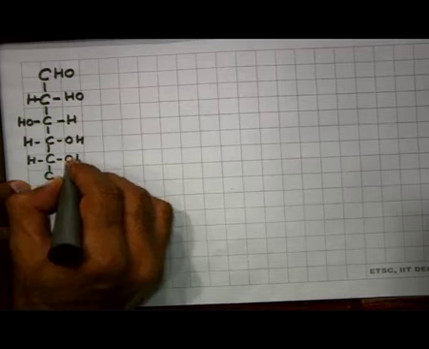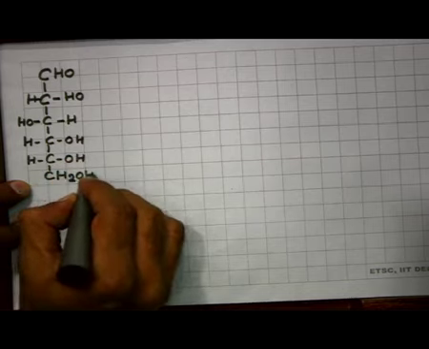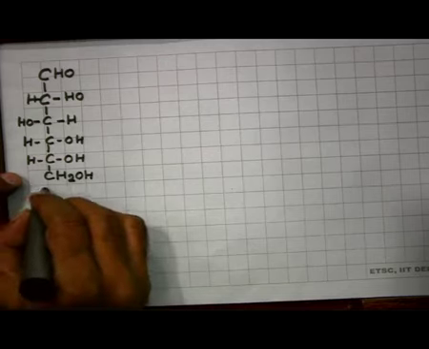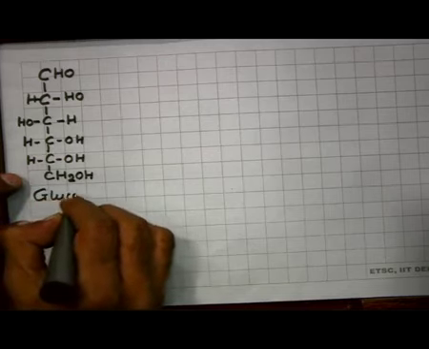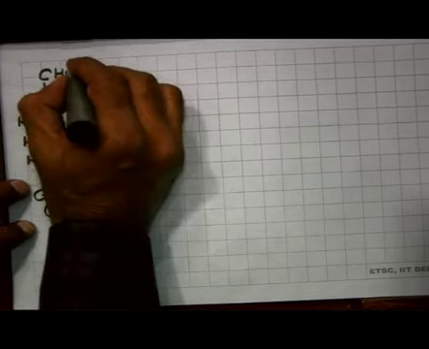At the 6th carbon there is CH2OH. So, this is glucose, a 6 carbon compound, in aldehydic form.